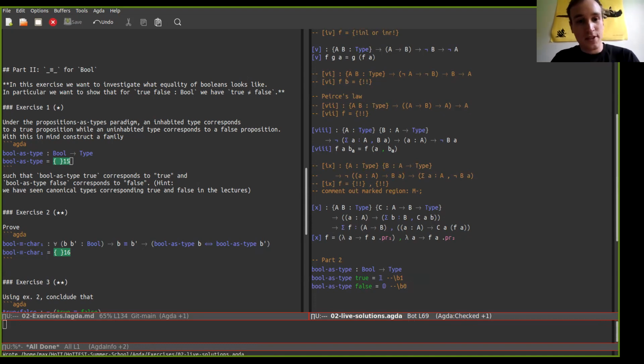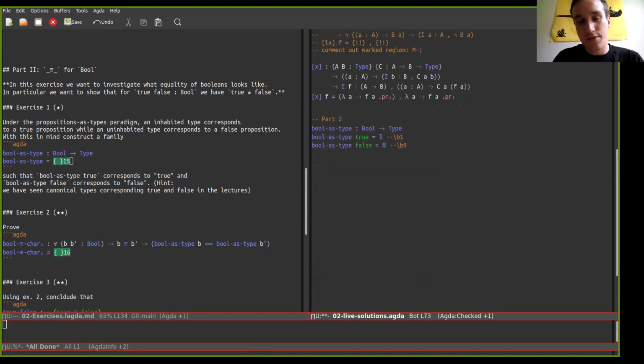All right. And we can use this family to look at what equality of Booleans looks like. So we want to prove the following statement.